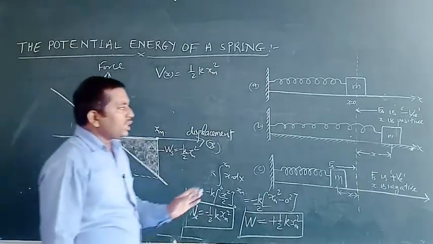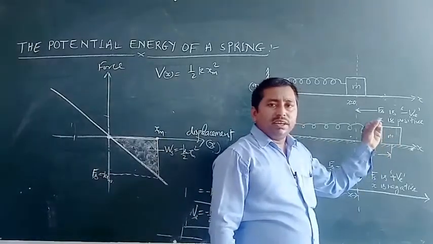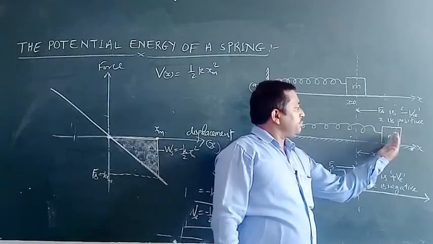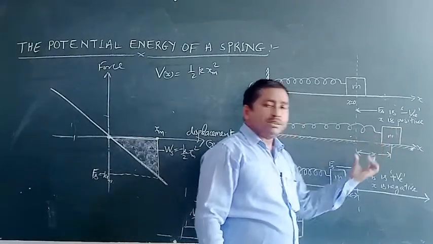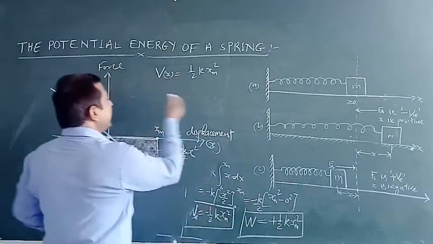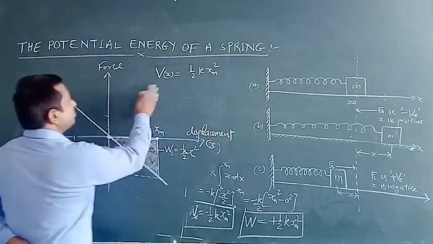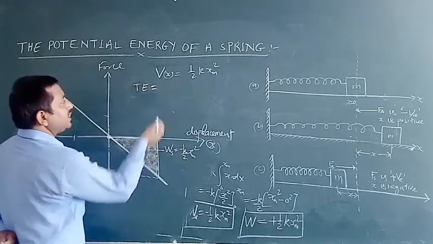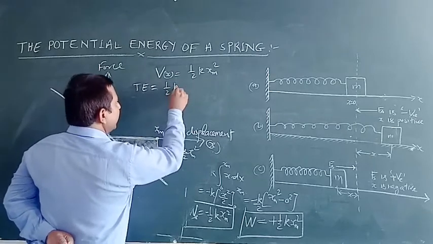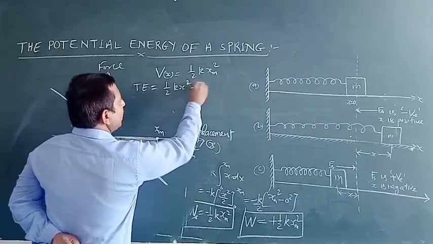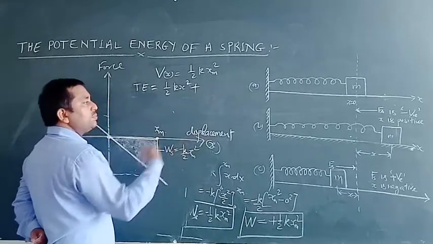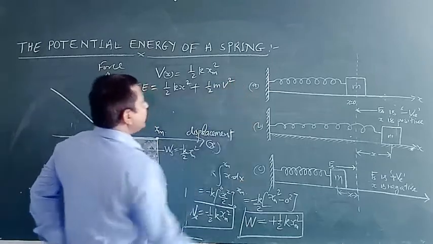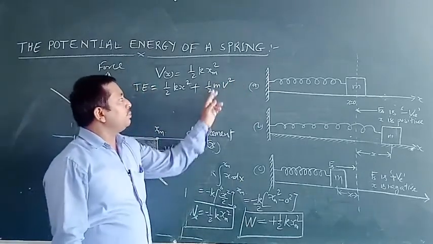Now if the object is released and made free to move towards the mean position, suppose the object reaches some displacement x from its mean position. Then the total energy can be expressed as the sum of the potential energy at that point plus the kinetic energy. If the velocity of the object at that point is v, then the kinetic energy is half m v square.